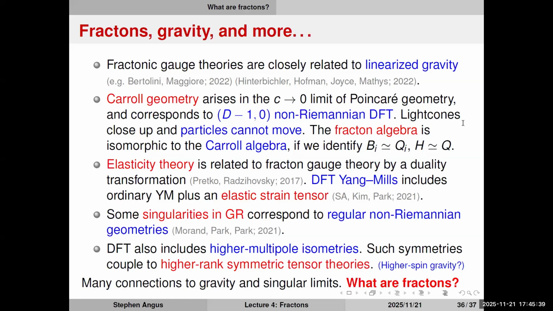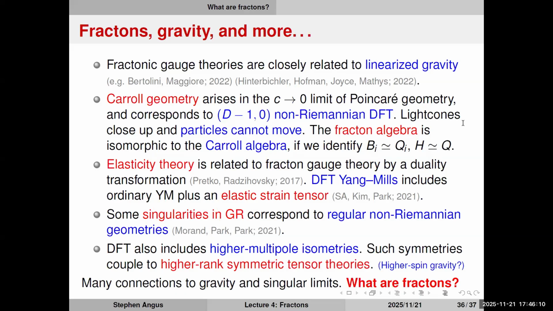Another connection is that elasticity theory is related to the fracton gauge theory by a duality transformation, which was shown in 2017. Furthermore, we found that in the double field theory version of Yang-Mills theory, because we have a doubled vector potential, we have twice as many components.